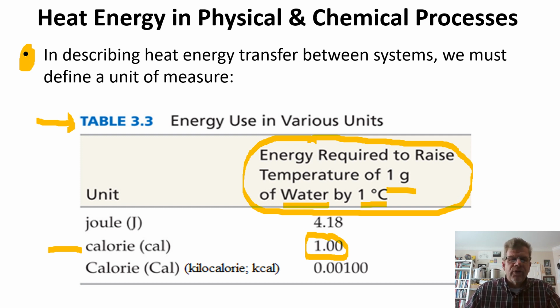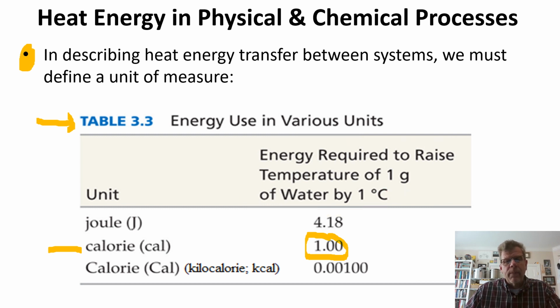So 1 calorie is the amount of energy required to raise the temperature of 1 gram of water by 1 degree Celsius. Pretty straightforward.